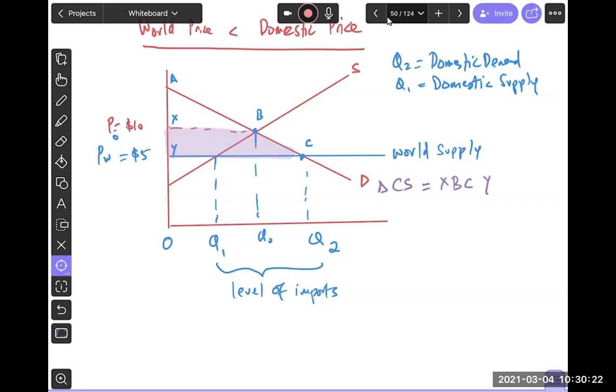Why would a hardcore economist not worry about this? Because he'll be like, domestic producers are not efficient to begin with, and consumers are better off. Consumer surplus is going up, and we should focus on the goods in which we have a competitive advantage.